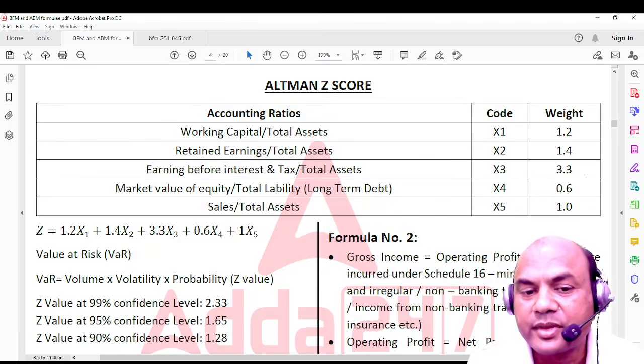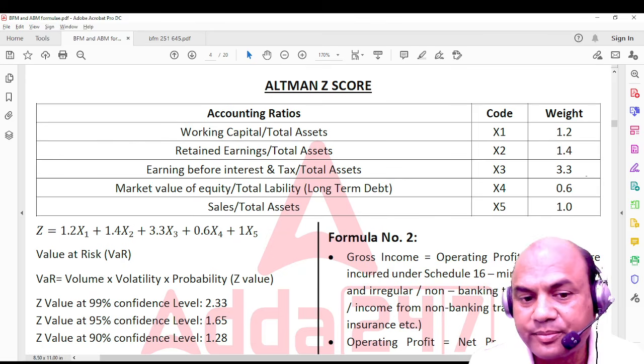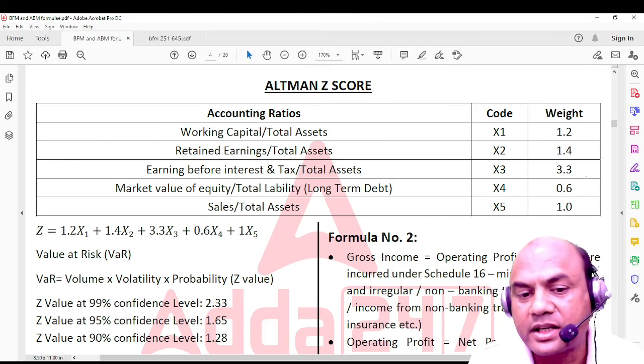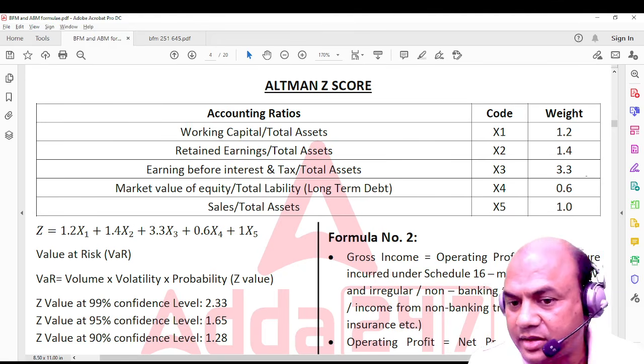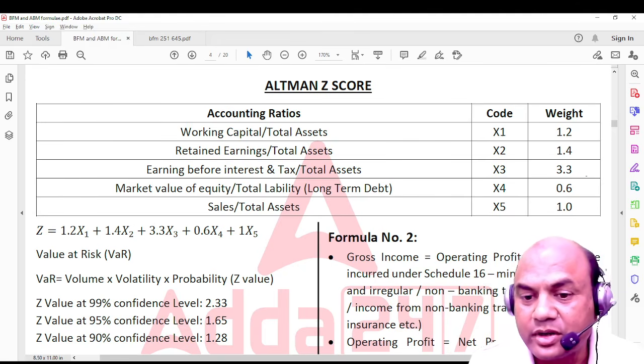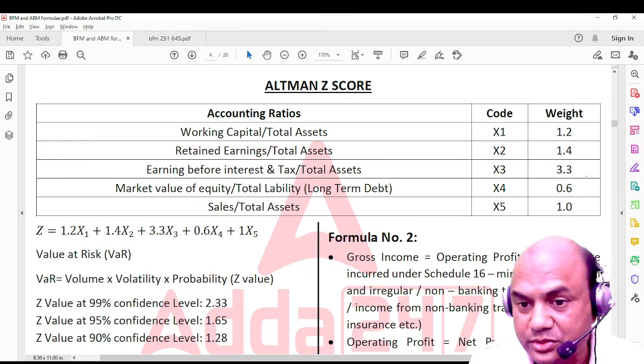X2 is retained earnings upon total assets. X3 is earnings before interest and taxation, EBIT, upon total assets. X4 is market value of equity upon total liability. X5 is sales upon total assets. So remember these ratios.